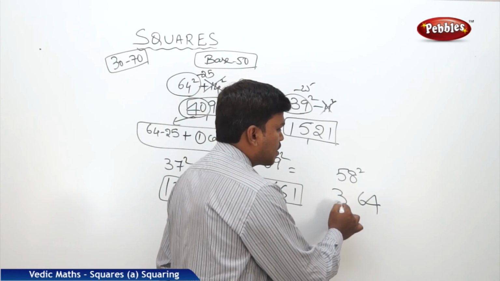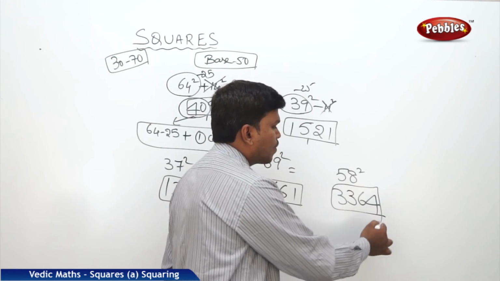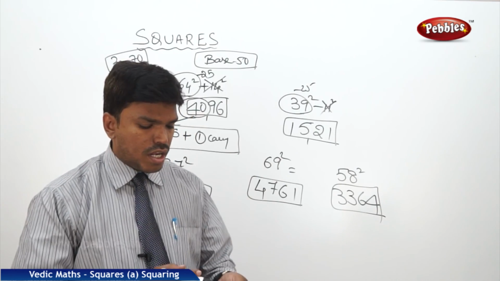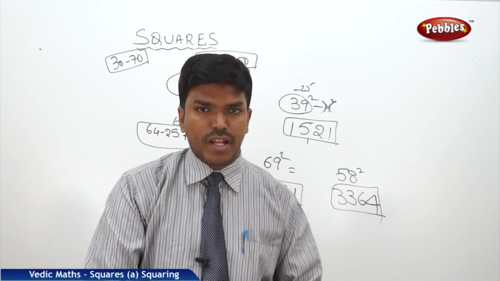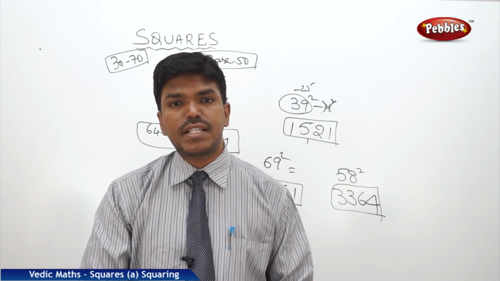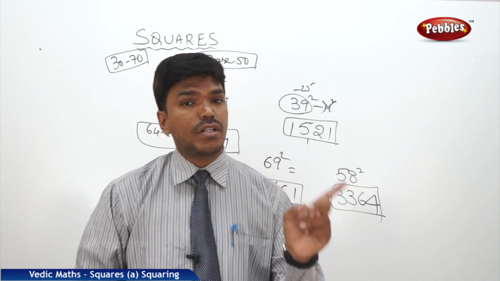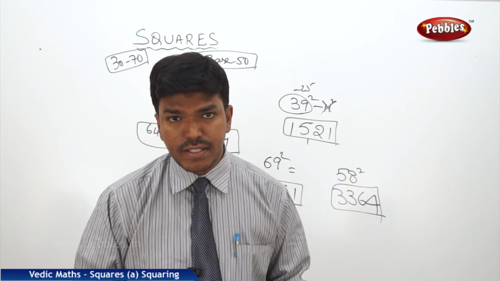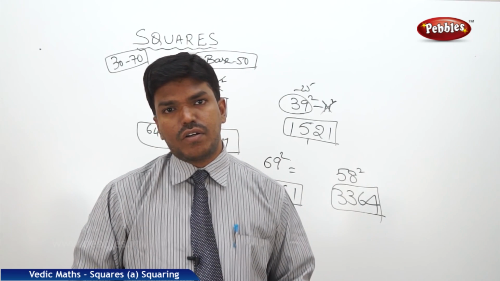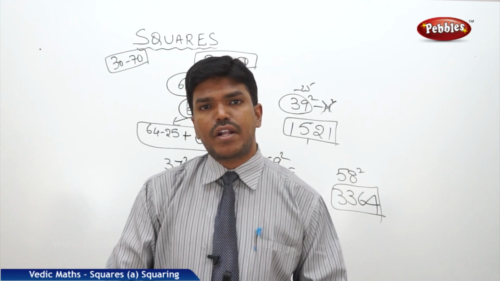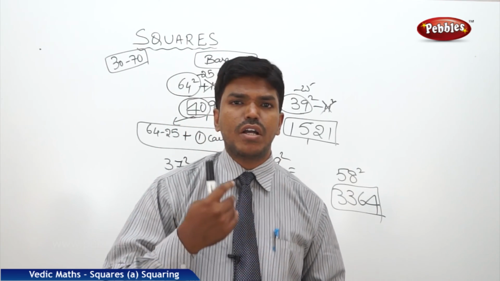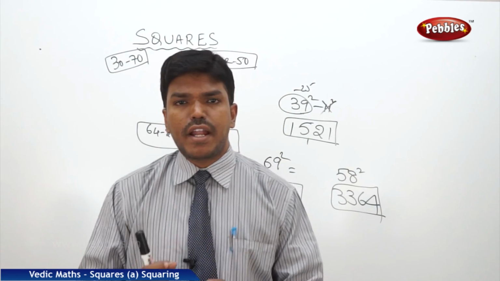So the answer is 3364. You can put it directly like this. Like this, you can calculate squares from 30 to 70 with the help of base 50. But from 70 to 130, we have to take the help of base 100. Now we will extend this topic: how to find squares of numbers nearer to the bases 10 and 100.